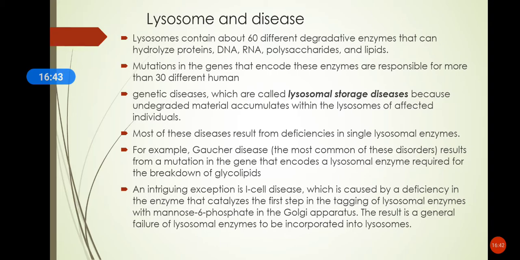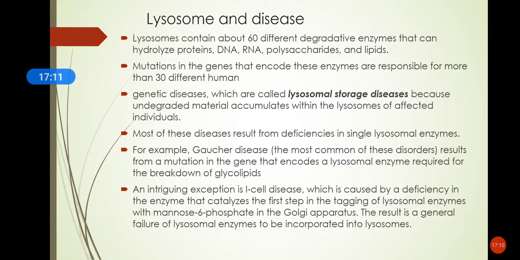Another disease is I-cell disease, which is caused by a deficiency in the enzyme that catalyzes the first step in tagging lysosomal enzymes with mannose 6-phosphate. We saw in protein targeting and in the functions of the Golgi complex that lysosomal enzymes are tagged with mannose 6-phosphate residues.